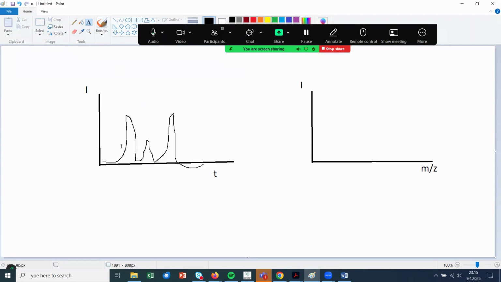So we drag across this peak with our computer software, and what happens? Our software opens this mass spectrum, and what appears here are some peaks.